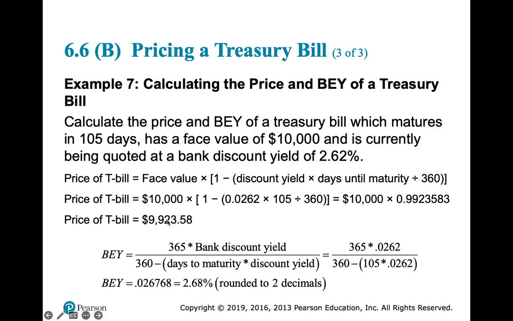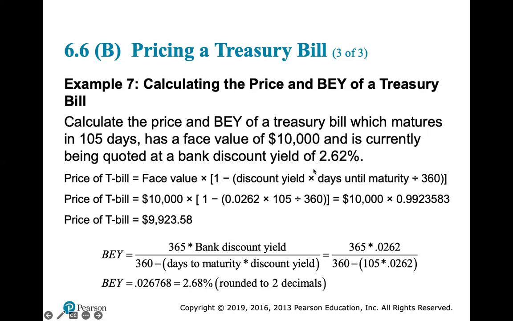You will not pay more than this amount. But if you would like to calculate the bond equivalent yield, it's basically using this formula. You just put everything into the formula which is given, like discount yield here and days to maturity, and you get a bond equivalent yield equal to 2.68%.